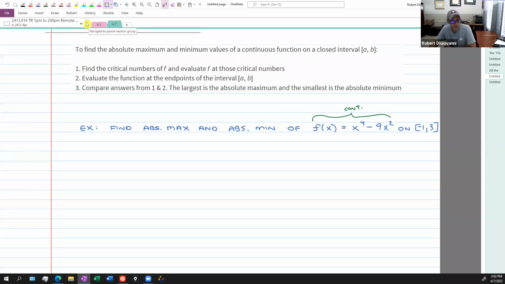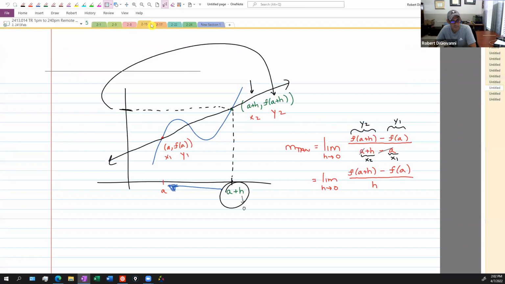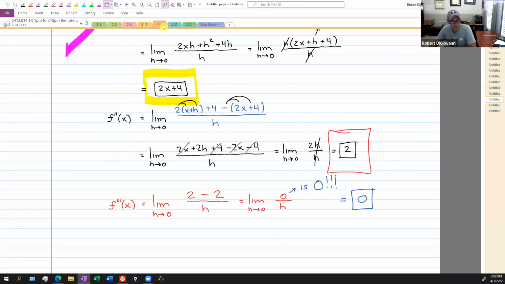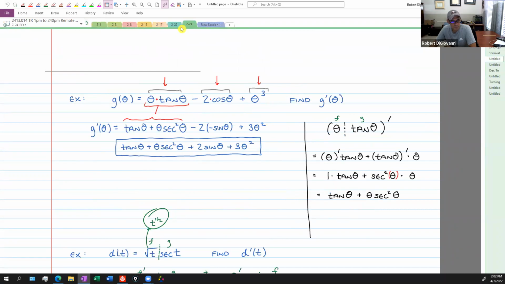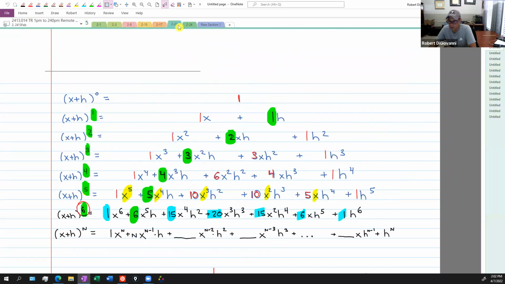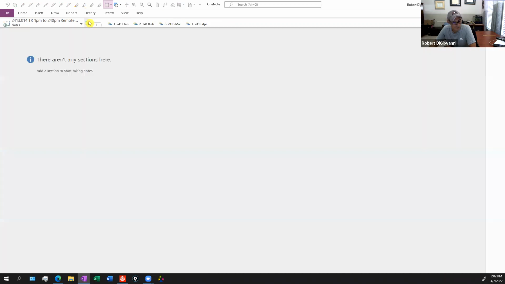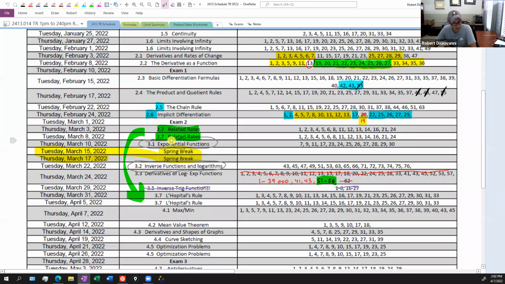Boy, I'd have to go way back in my notes for this. When did we cover continuity? Let me go back to my calendar. When did we cover continuity?